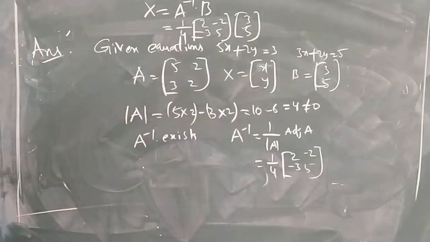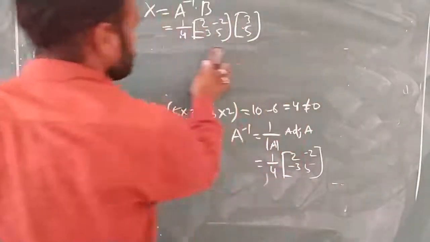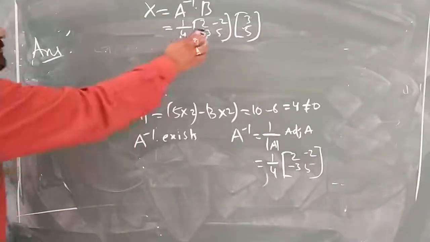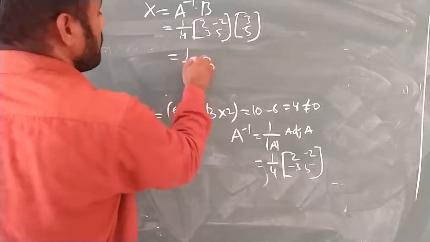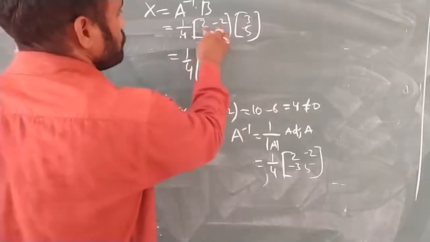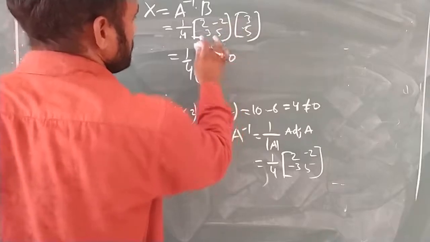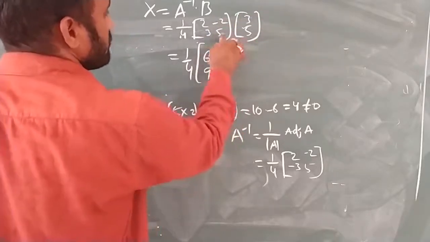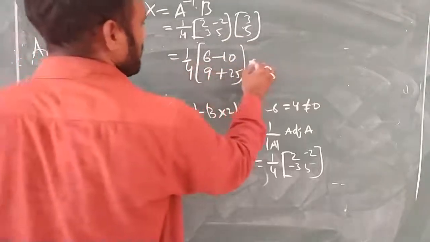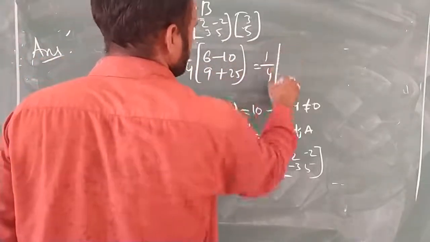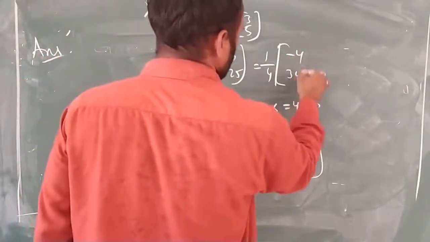So let me multiply that. What are we going to get here? 1 by 4, 2 3s are 6, 5 2s are 10, 3 3s are 9, 5 5s are 25. So 6 minus 10 is minus 4.